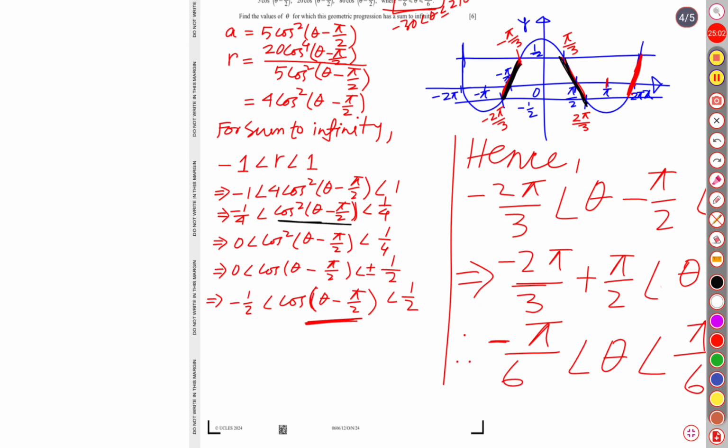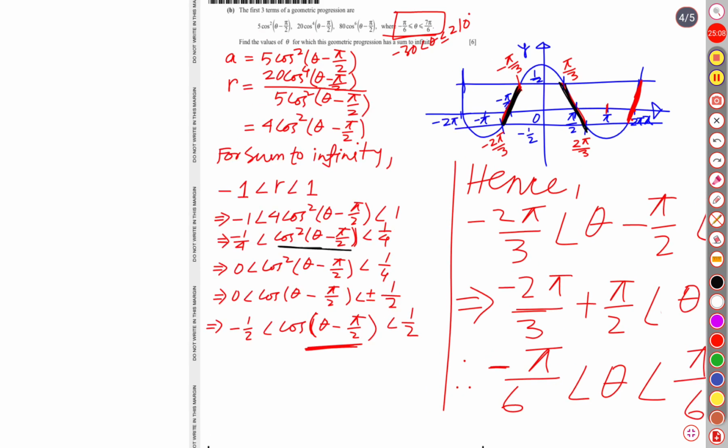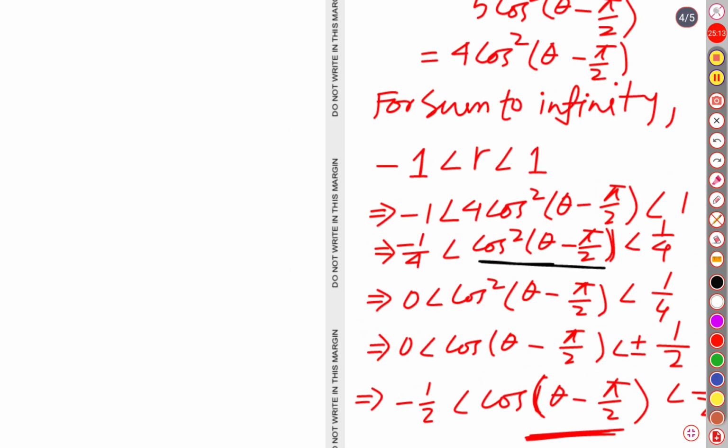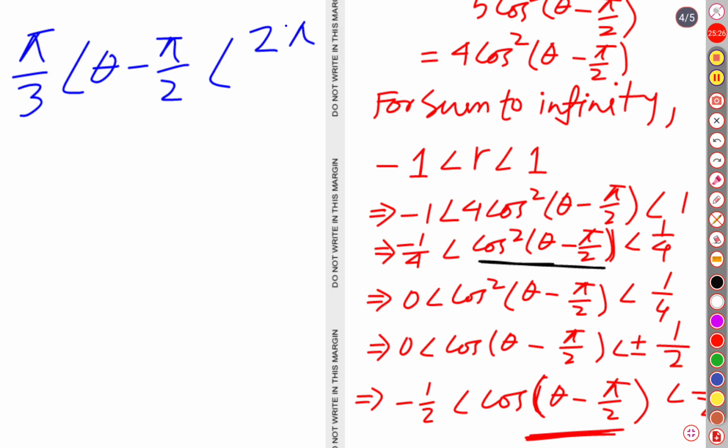For the second range, it is going to be pi over 3, until our angle theta minus pi over 2 until 2 pi over 3. It was 2 pi over 3.